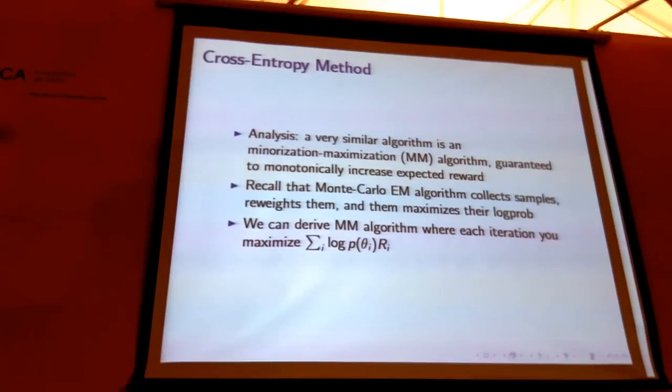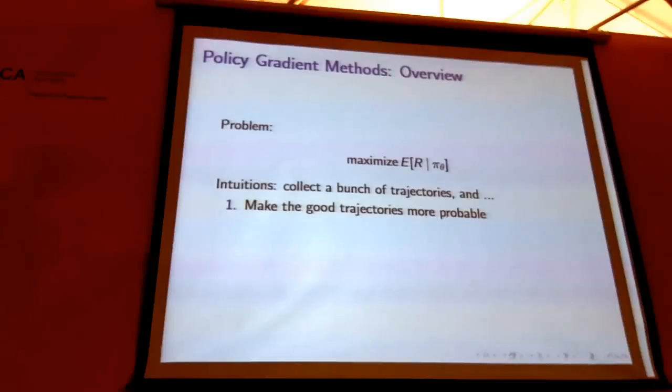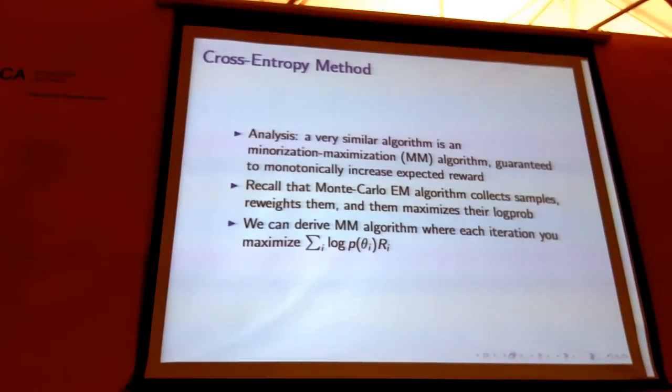It's a minorization maximization algorithm, and you can actually get monotonic improvement of the expected reward. Okay, so that's all I have to say about the cross-entropy method. Any questions?